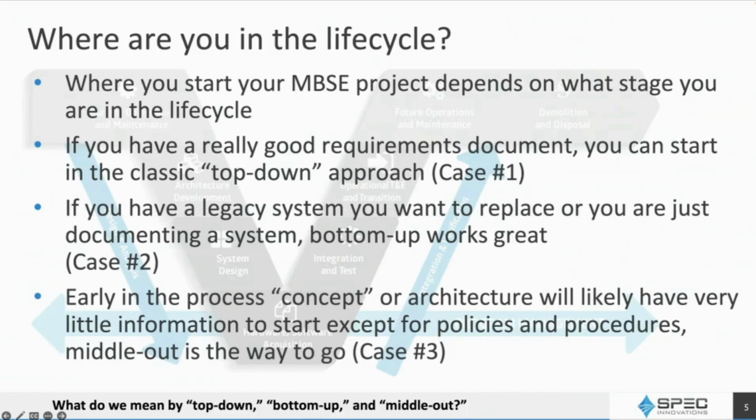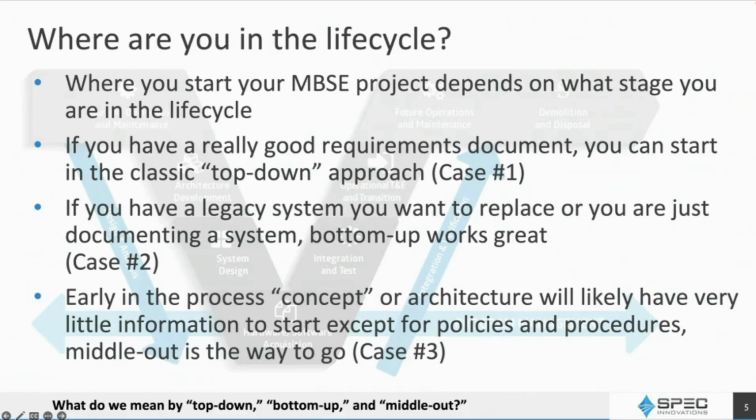We'll make that case number one. And then sometimes you have a legacy system you want to replace, or you're just trying to document the current system. That's where bottom-up works best, because you already have something you can work with and build on. That'll be case two.